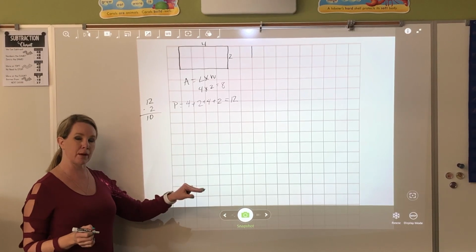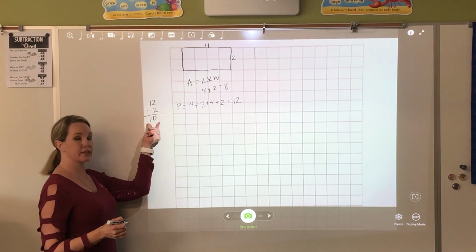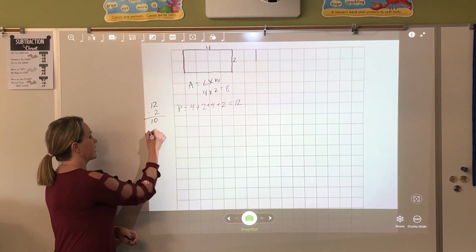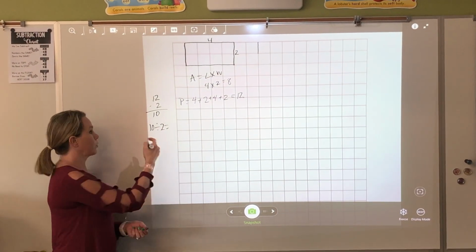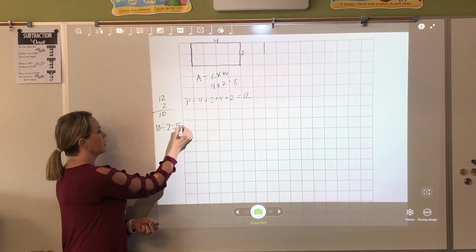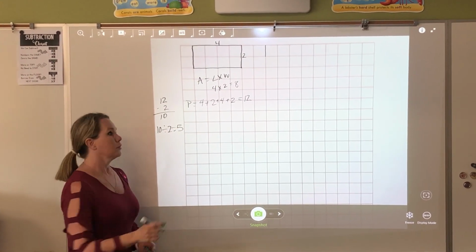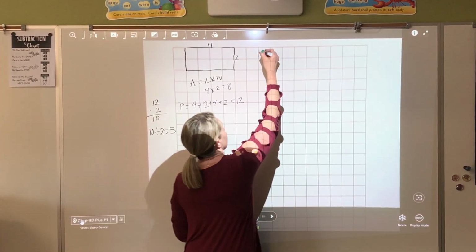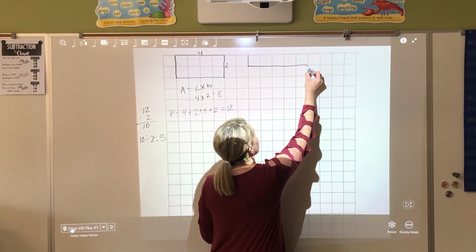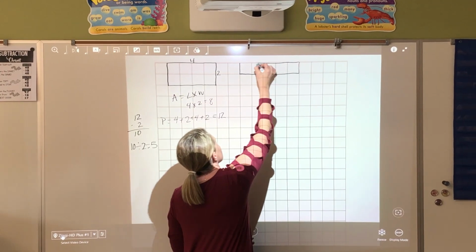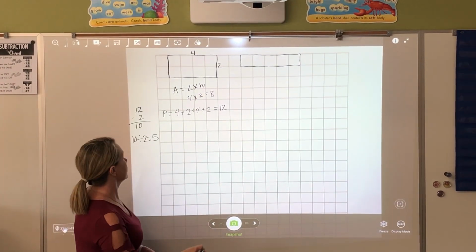I know my top and my bottom together has to equal 10. So I'm going to take 10 divided by 2 because that is the sum for both sides, both the top and the bottom. That gives me 5. So I'm going to go across 5 squares. And then I'm going to close my fence so my dog cannot get out.